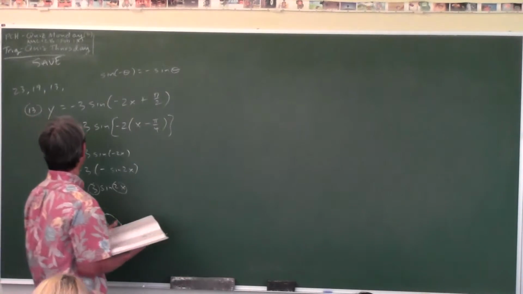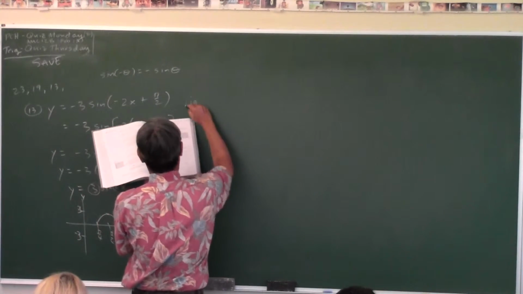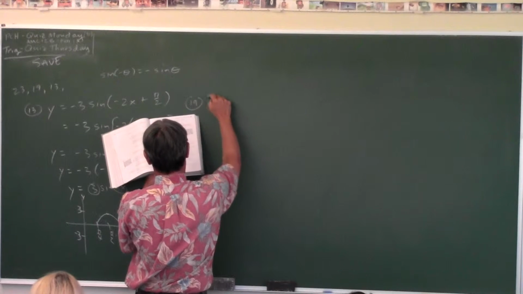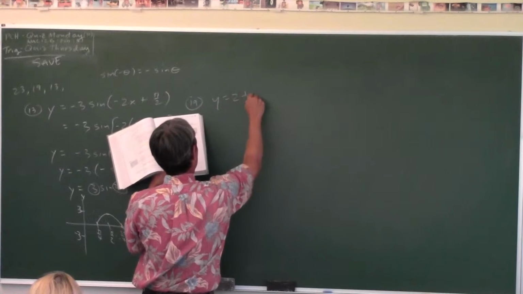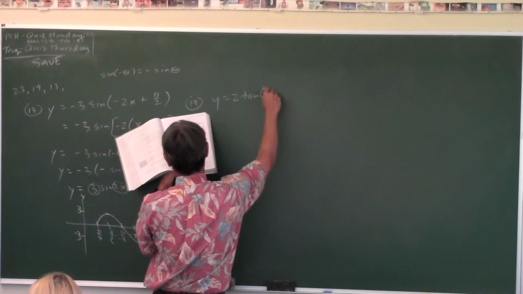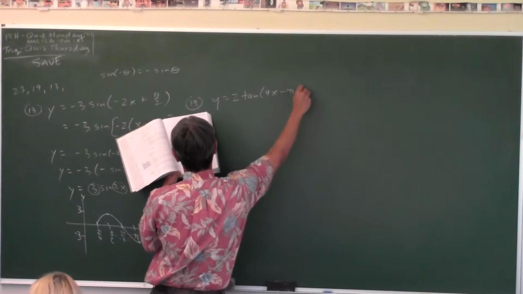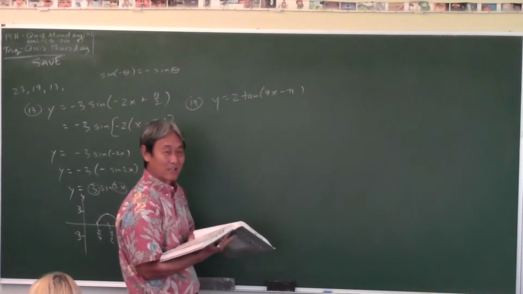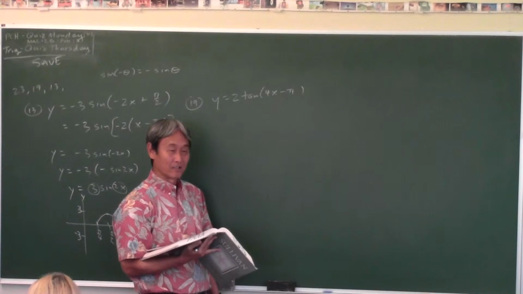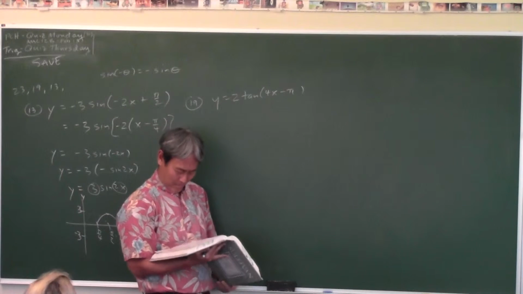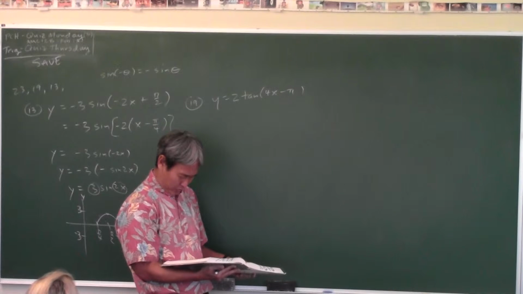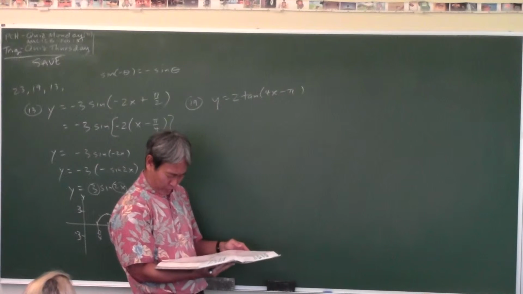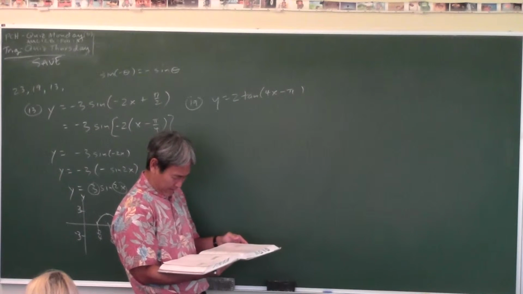Next, number 19. Number 19, y equals 2... How come nobody's asking? In the class we did, there were two problems that were ugly, where you have to shift it left and right. Everybody did those okay? I think it was number 11 and 9.